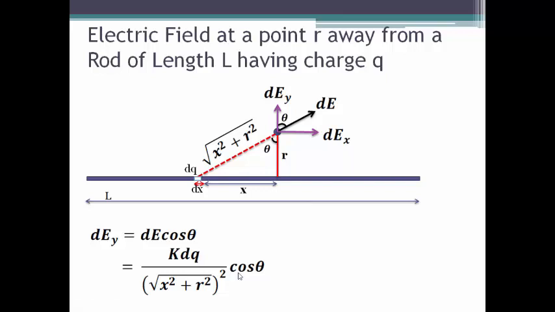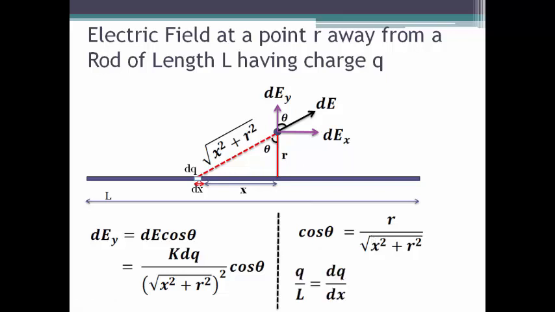Now, to simplify the expression, we usually get the integration part in one variable. Therefore, here we shall substitute for cos theta as r upon square root of x square plus r square, and since we have uniform charge distribution, q by L will be equal to dq by dx, and therefore dq will be q by L into dx.